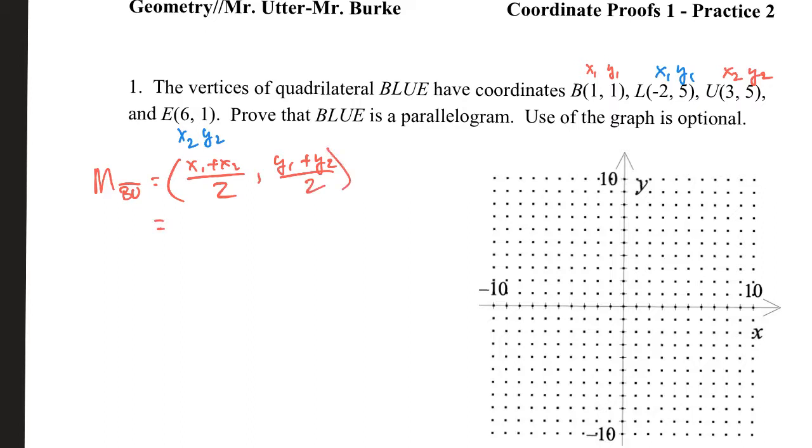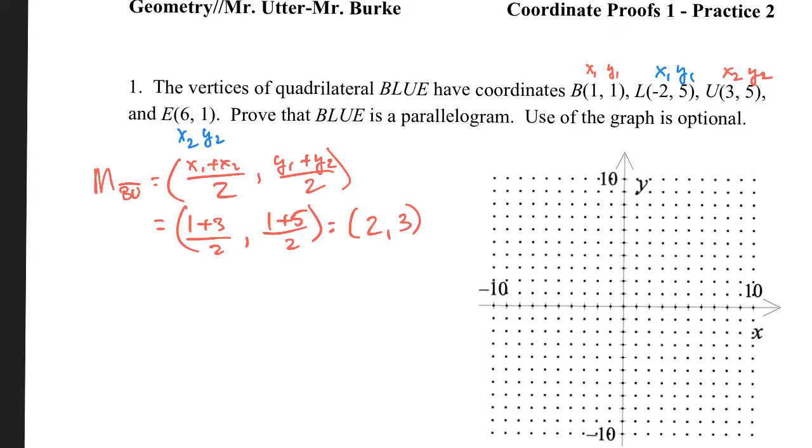And my x1 and x2 are 1 plus 3 divided by 2, comma, my y's are 1 plus 5 divided by 2. This gives me a midpoint of 1 plus 3 is 4, divided by 2 is 2. And then I got 1 plus 5 is 6, divided by 2 is 3. Okay, so now I'm looking for a midpoint of 2, 3.